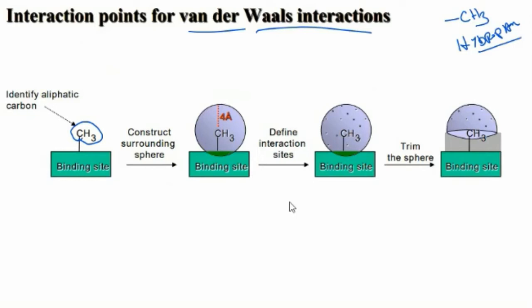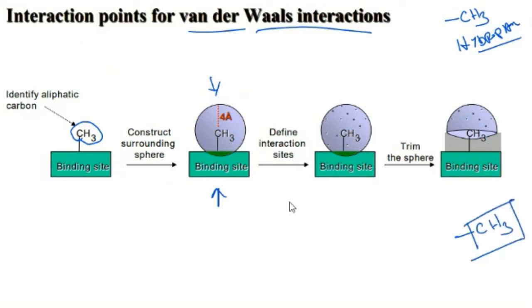First it constructs a surrounding sphere. This sphere is made for all the hydrophobic groups. Say within the binding site there is a side chain of an amino acid, CH3.